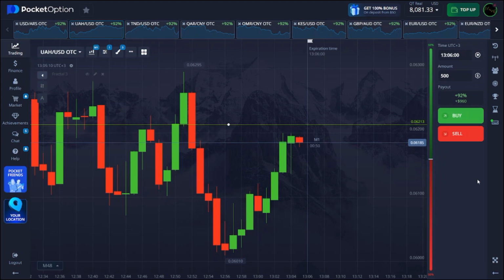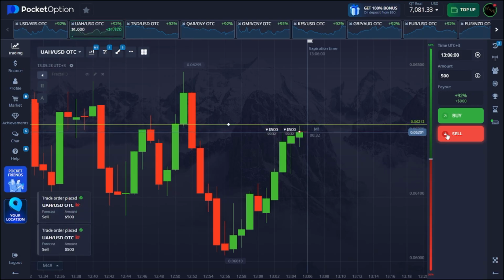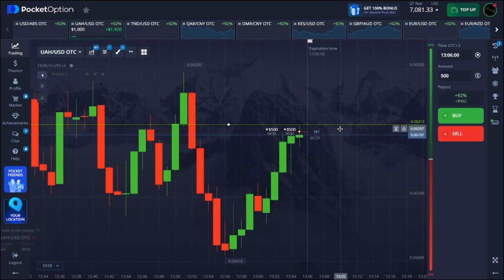Okay, let's see if it comes to my entry. I'll take my trade. Okay, let me not go there. I don't want to take another trade by mistake. So let's wait for the market to come to our entry. That was a bit late. I was supposed to take it exactly right here.